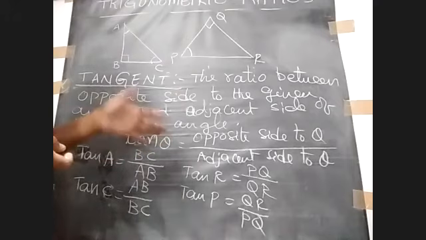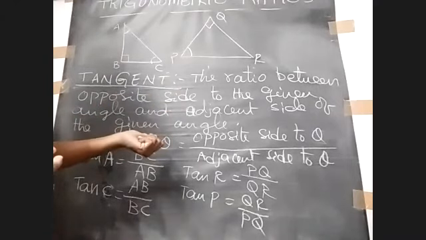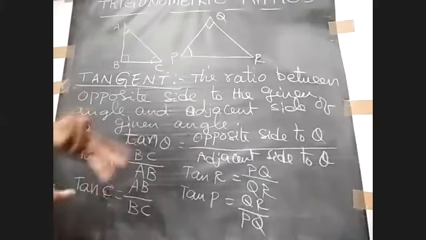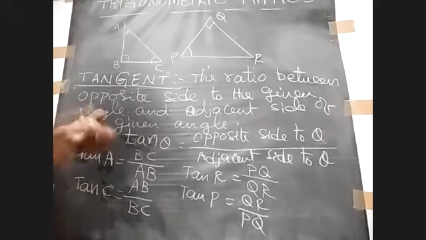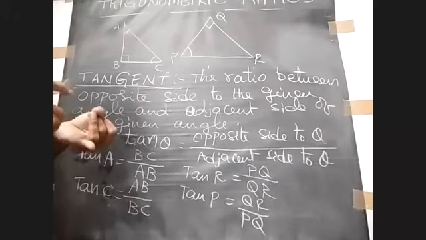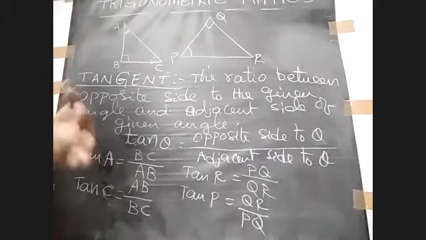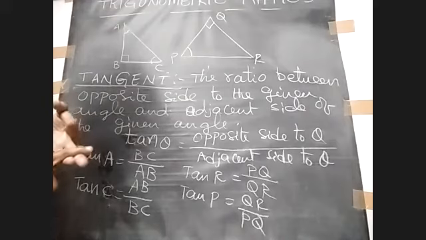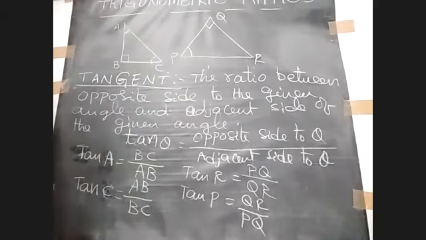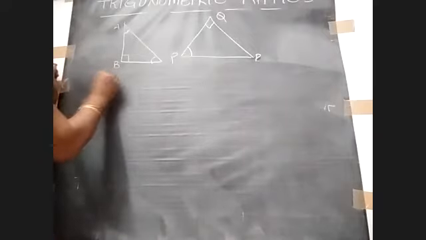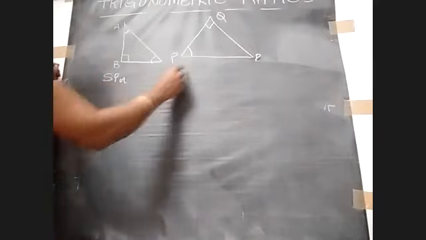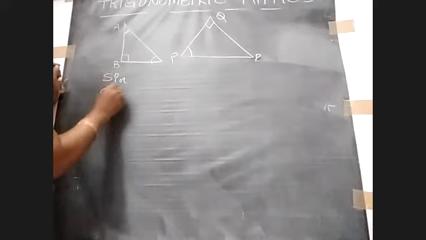How many ratios did we get? Three. What are those? Sin theta, cos theta, tan theta. Okay, write down. Our trigonometric ratios are mainly three: sine, cos, and tan.